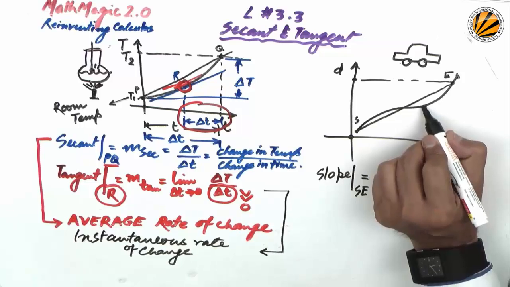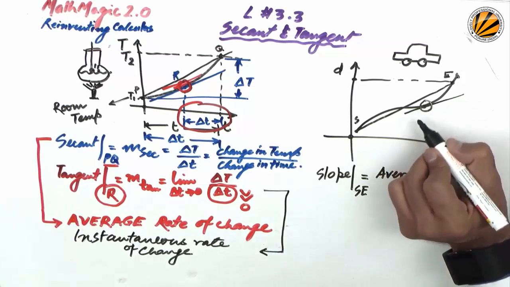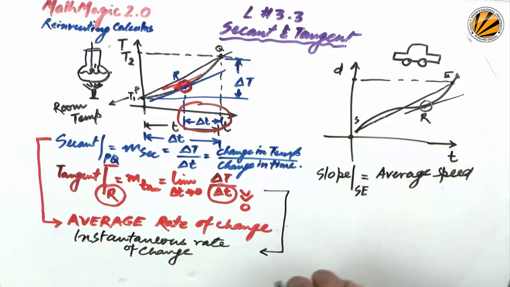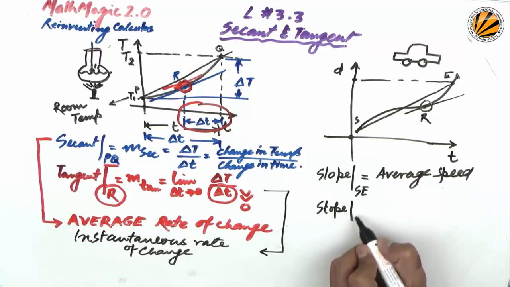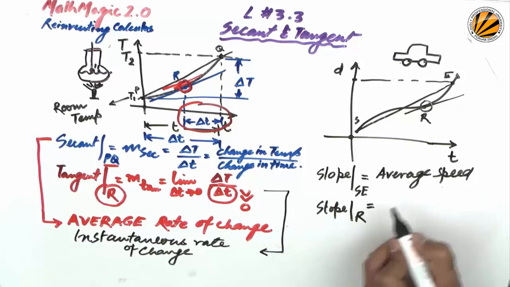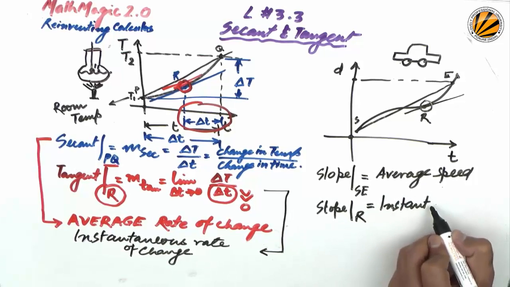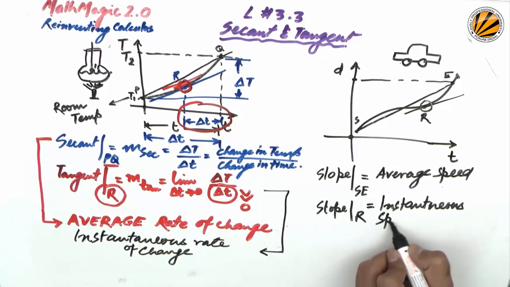Whereas if at a particular point of time I intend to assess the speed, maybe a point in between, we'll call it R, then the slope, not between 2 points but at a specific point, will give you the instantaneous speed.